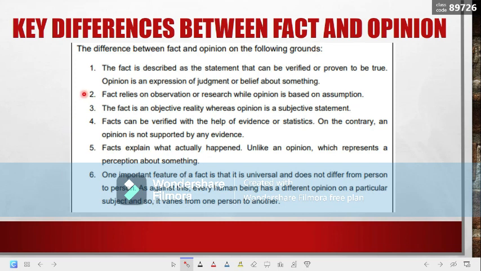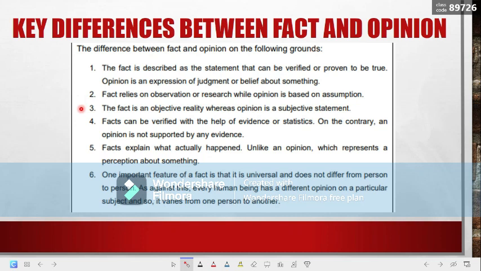Number 1. The fact is described as the statement that can be verified or proven to be true. Opinion is an expression of judgment or belief about something. Number 2. Fact relies on observation or research, while opinion is based on assumption. Number 3.